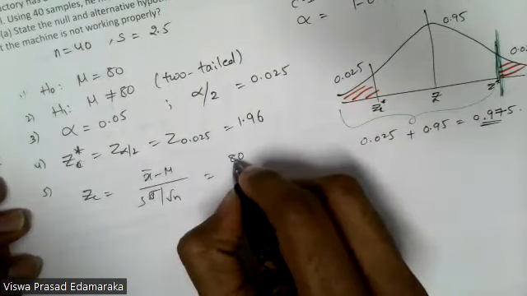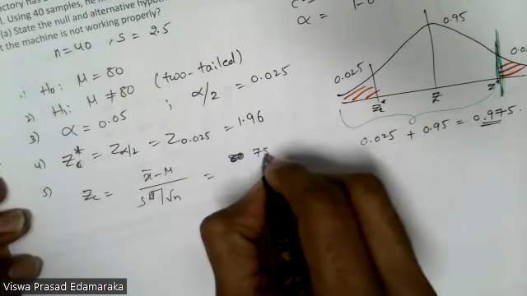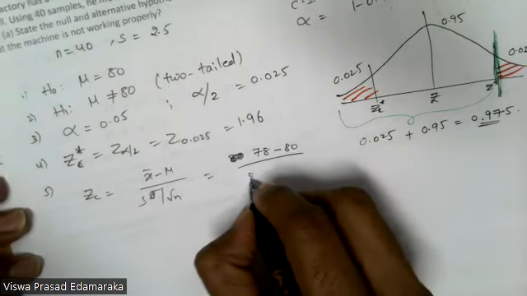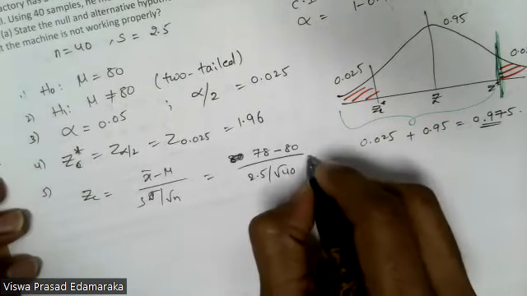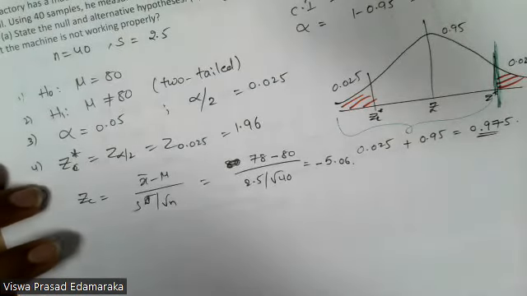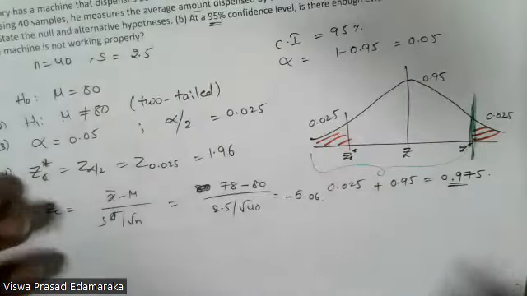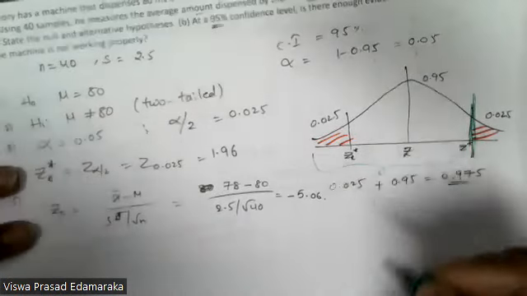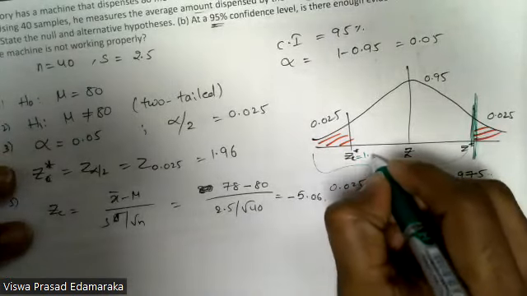Next, the Z calculated value: difference in mean divided by sigma, here S, by root n. 78 minus 80 divided by 2.5 by root 40. After we calculate, it will come to minus 5.06. We have to locate the point. Here, minus 1.96 and plus 1.96.